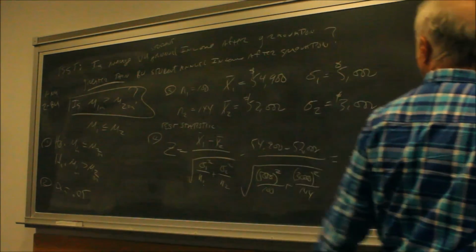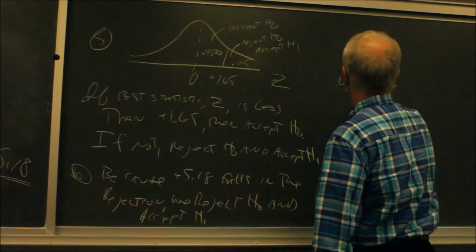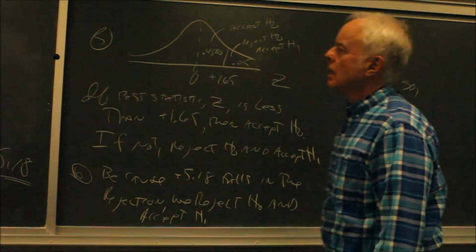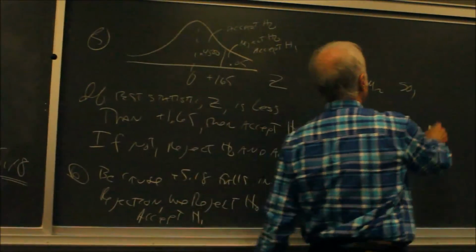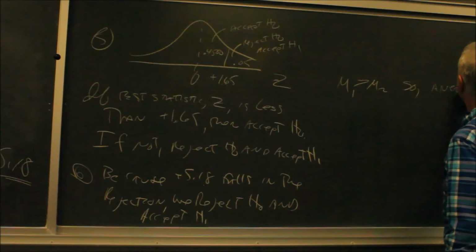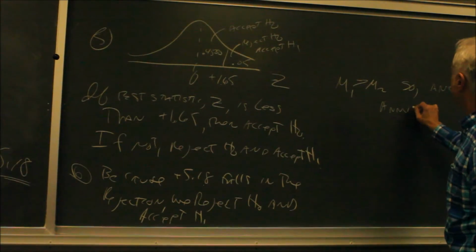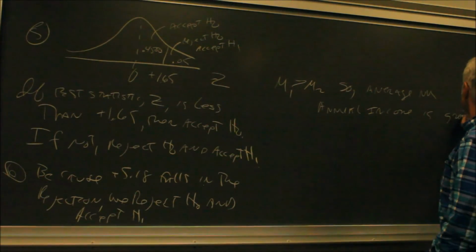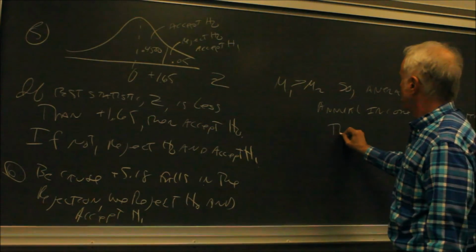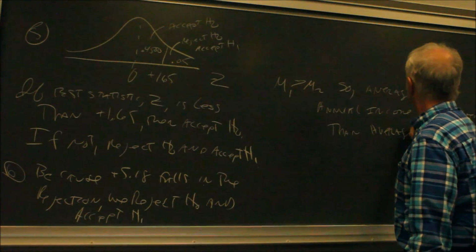And so what is H1? H1 is mu sub 1 greater than mu sub 2, correct? So average annual income is greater than average BU income.